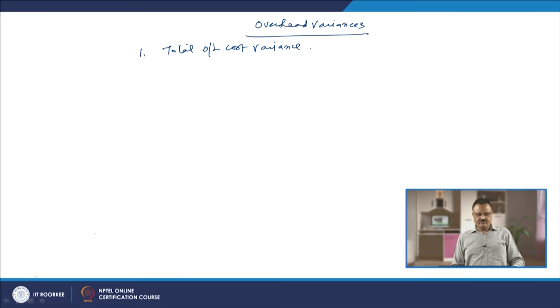Total overhead cost variance, and to calculate this total overhead cost variance, we have both the formulas with us. First, if it has to be calculated in relation to material, what is the formula?